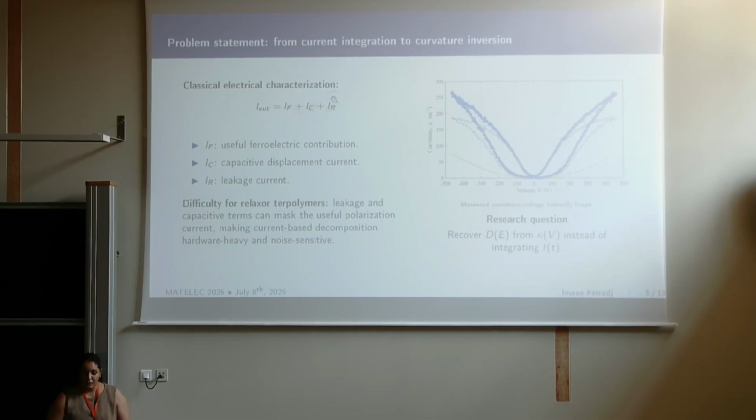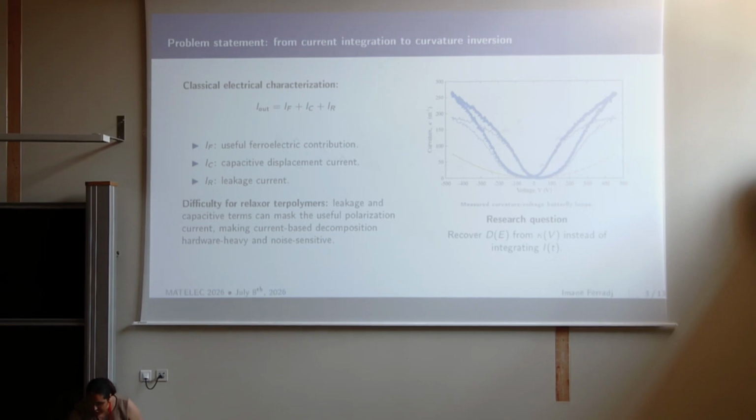And in this material specifically, they actually become very hard to isolate, to remove, because the whole current becomes noise sensitive. And so the leakage capacitive term becomes very hard to fully remove from this quantity.